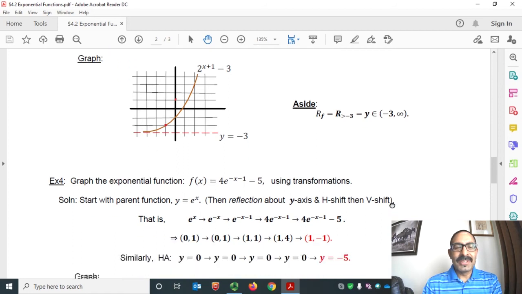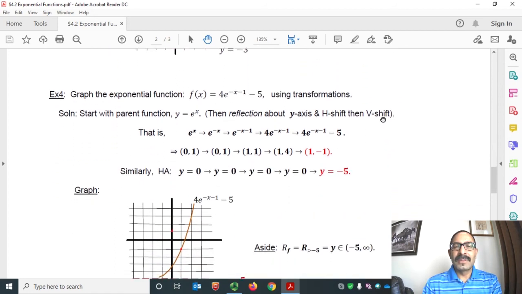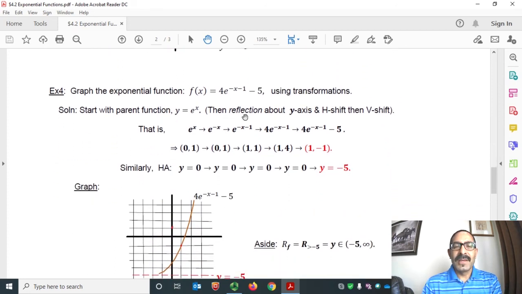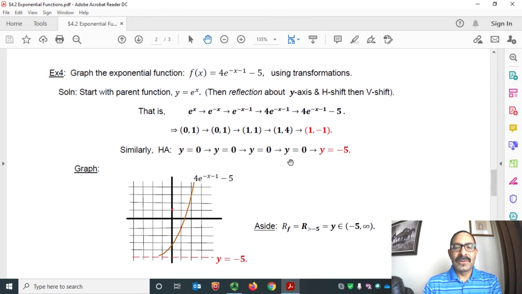Now let's move on. Let's do example 4. Graph the exponential function. Here the exponential function is 4 times e to the power -x minus 1, minus 5. Let's begin the solution. Start with the parent function, which is e to the x. Then multiply the x coordinate by -1.